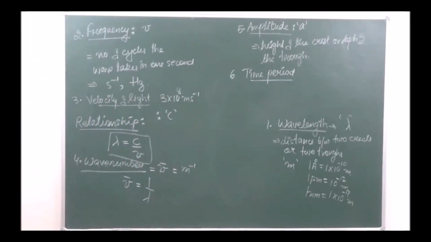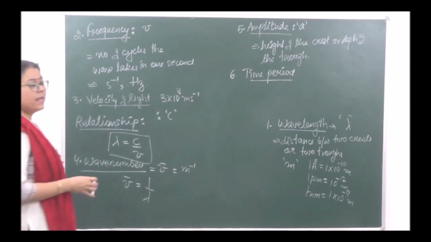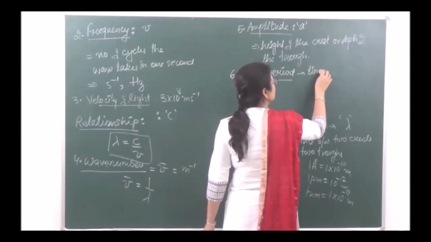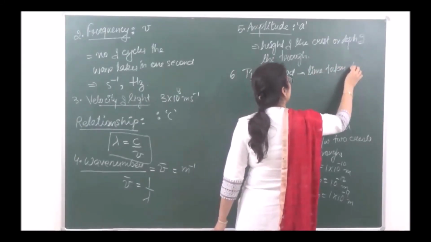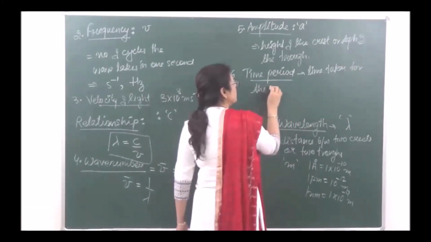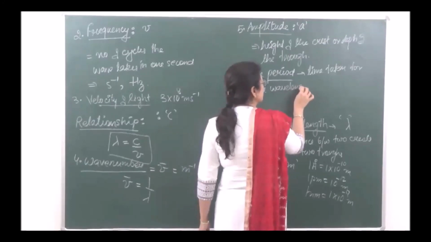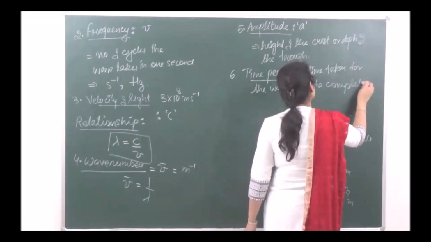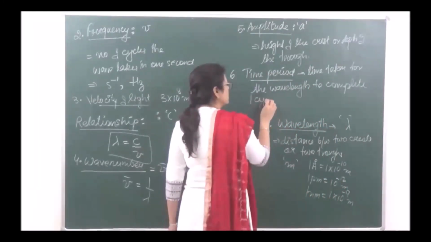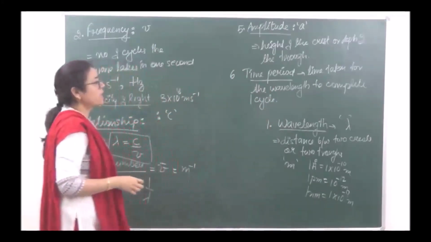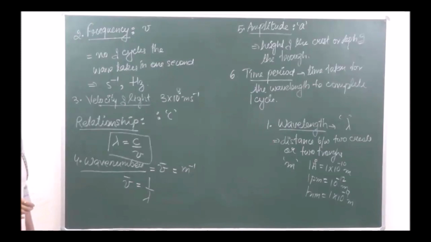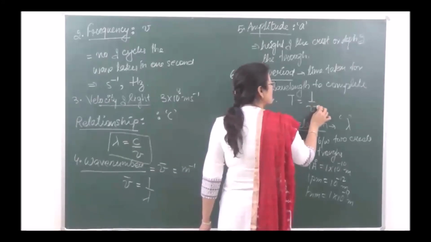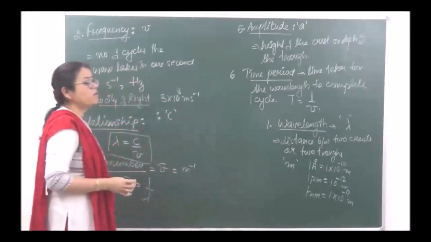Time period is denoted by T, and it is the time taken for the wavelength to complete one cycle. Mathematically, time period is given by 1 upon frequency. It is the reciprocal of frequency.